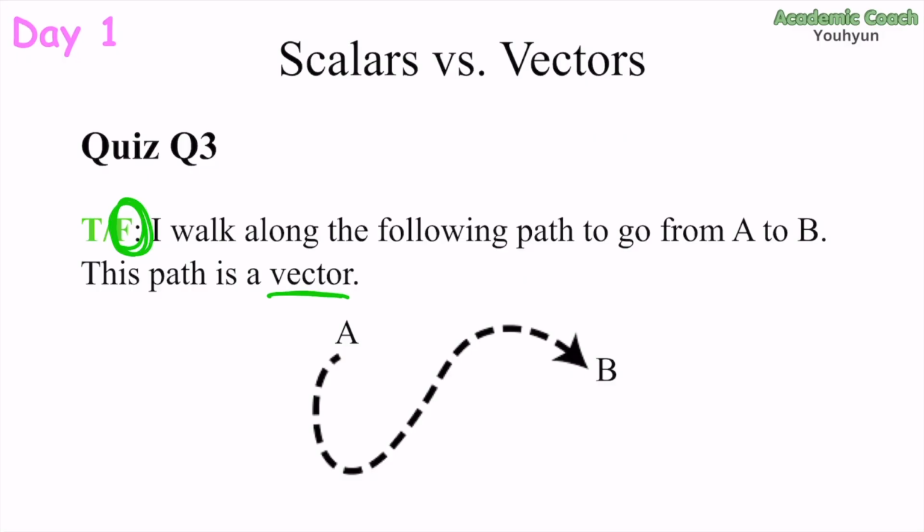And when I say magnitude, it needs to be represented by the length of the arrow. So it needs to be a straight line from the initial point to the final point. It's as simple as just connecting these 2 points and then adding an arrow to represent the direction. So if you draw out the whole path that it followed, that's not a vector. A vector will always be a straight line between 2 points with a direction.